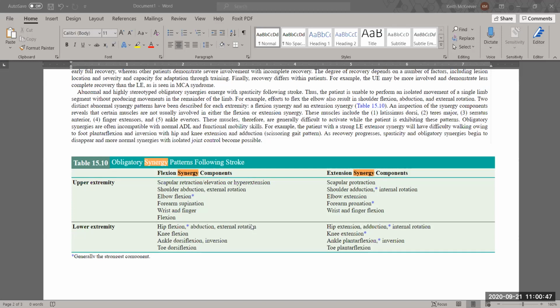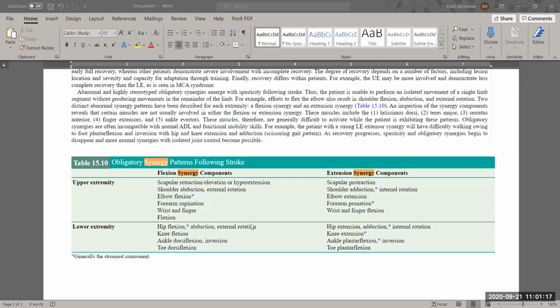But they're eventually going to start getting that patient out of those synergistic patterns and back into normal function. Because let's think about it. If I'm in a flexion synergy pattern like this, am I going to be able to use a walker? Not really, right? So that's going to be a problem. I'm never going to get this patient to walk. So I've got to get them out of that synergistic pattern so that they can actually walk.